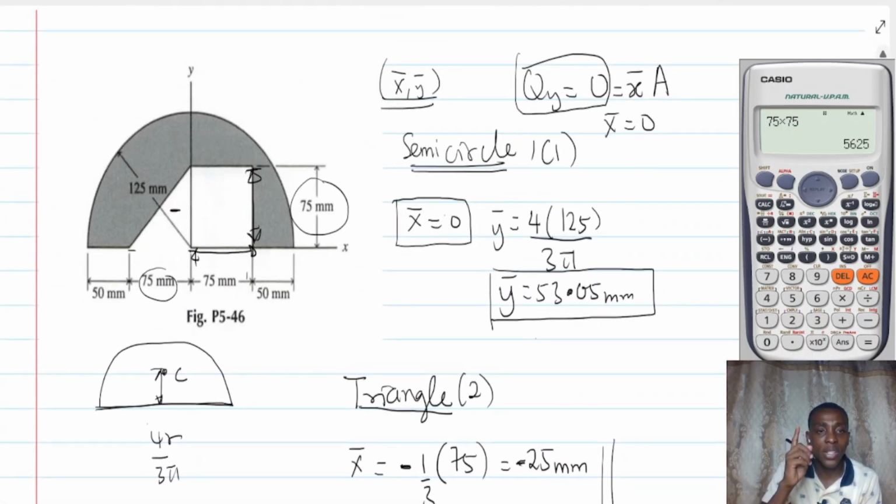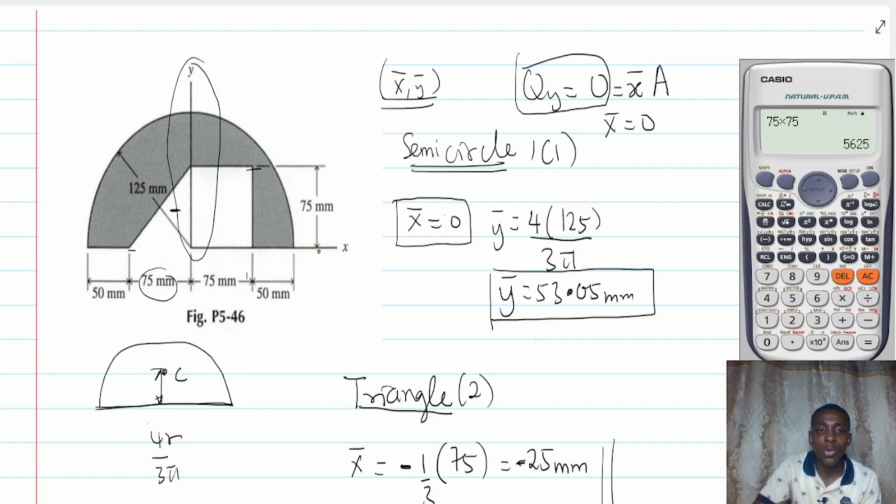Now let me stress this again. Whenever the y-axis or the x-axis divides the area exactly into two, then the first moment of area about that axis is 0.